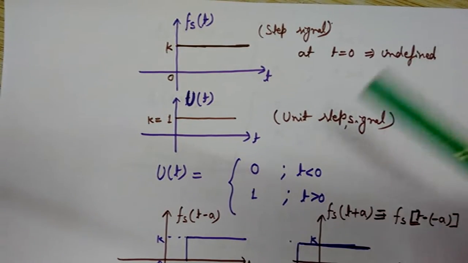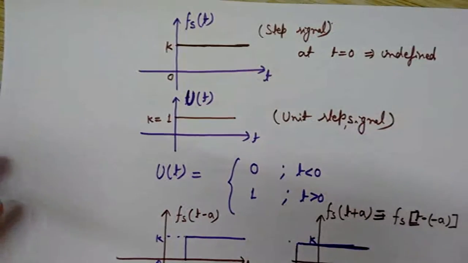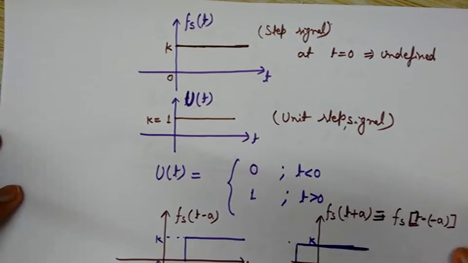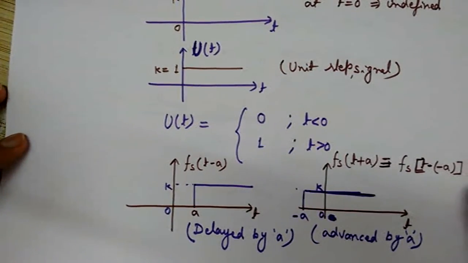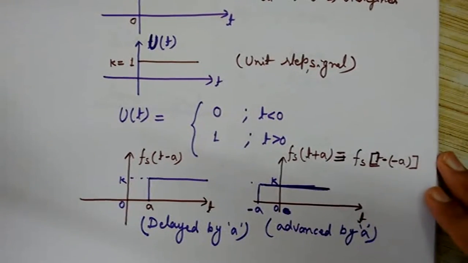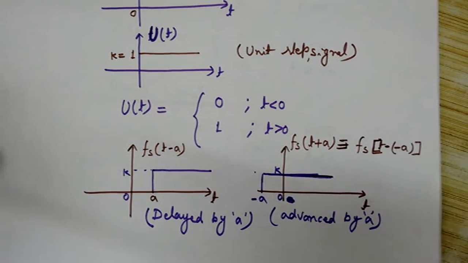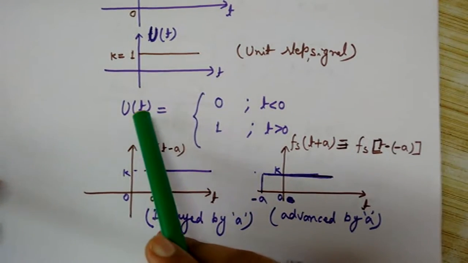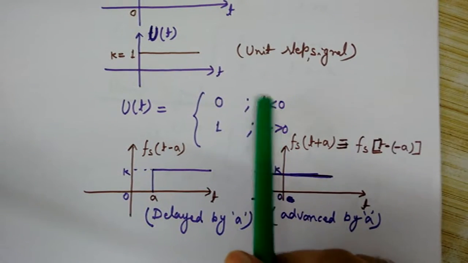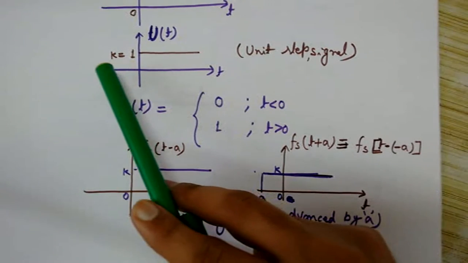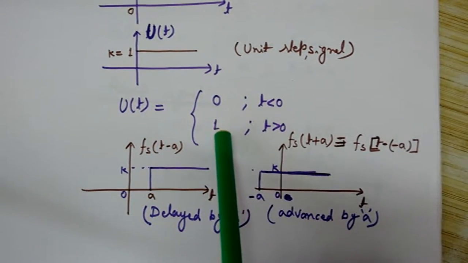It's pretty simple. It is denoted by u(t), also a function of time. We can easily define it by just changing the value of k to 1. So u(t) is equal to 0 for t less than 0, and for t greater than 0 its value is 1.